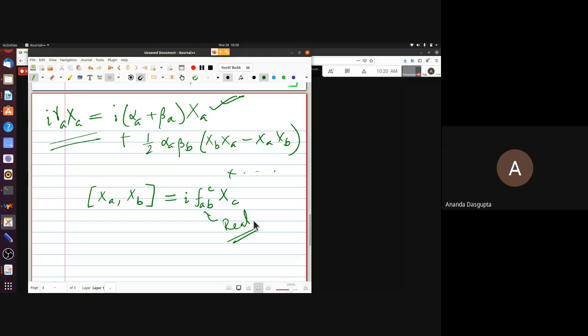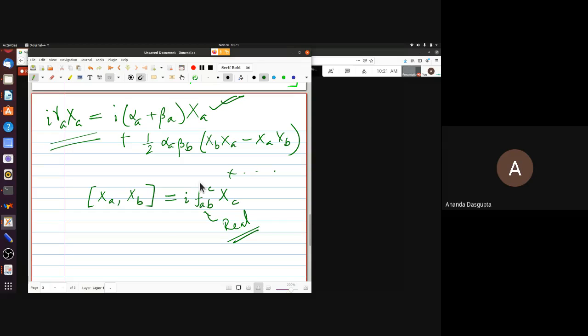And this is why what you're insisting on is that when you take the commutator of two generators, sorry, not group elements, you end up with a linear combination of the generators. So there is some coefficient sitting here, which will depend on A, B, and which C this is, the coefficient of C, and this is a sum over C, of course. And all these real numbers F A B C essentially tell you what the structure of the Lie algebra is all about.